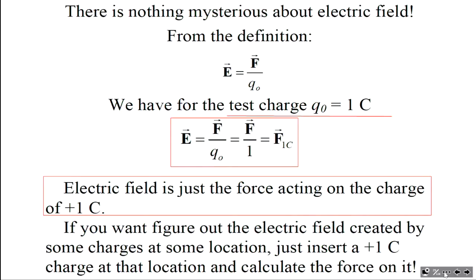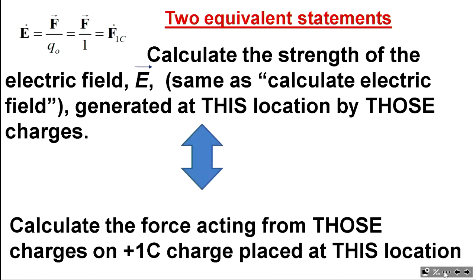So if someone asks you how to calculate electric field, you have to say, all I need to do is calculate the force acting on a 1 Coulomb charge. That's it. It's going to be the same thing. That's a statement. Now we're going to use this statement.